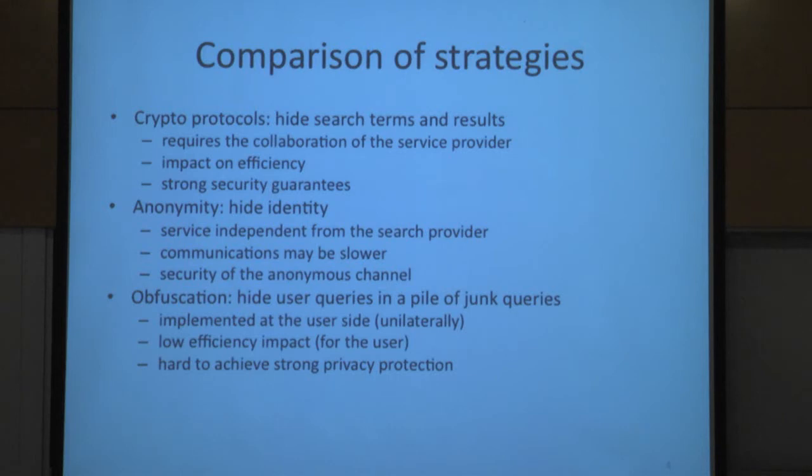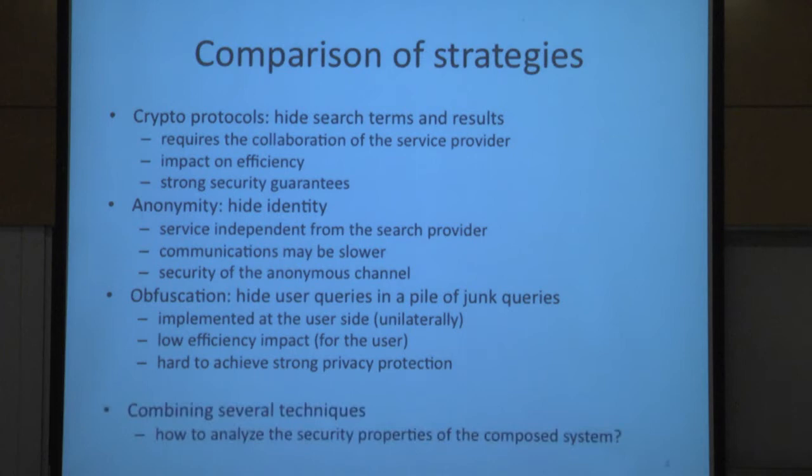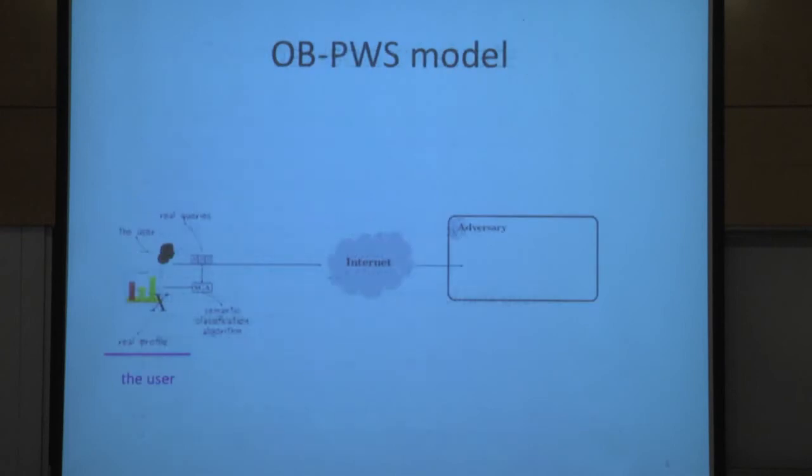You do not depend on external services. You do not depend on the search engine. The problem is that it's actually quite hard to achieve solid privacy guarantees, as we will see. We might want to combine several techniques, but I haven't seen any proposals of this, and analyzing the security of the composite system can be quite hard.